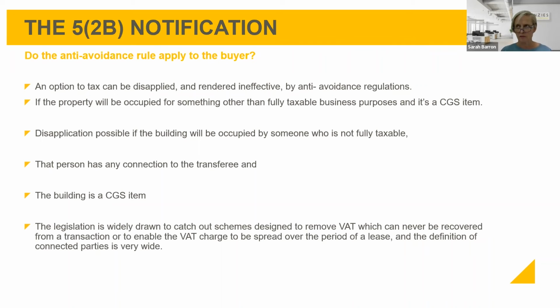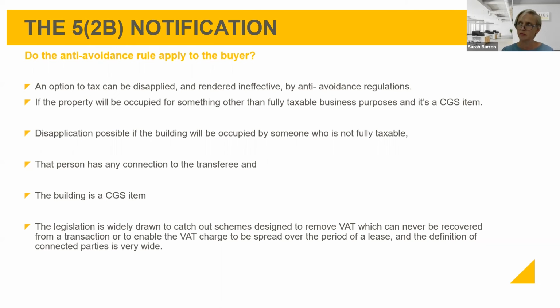So if the buyer is going to be letting the property to a connected business, say an insurance holding company wants to buy a property and they're going to let it to their exempt insurance trading business, their option to tax wouldn't be effective, because they're letting to a business that's connected with them, and that business isn't able to recover its VAT.